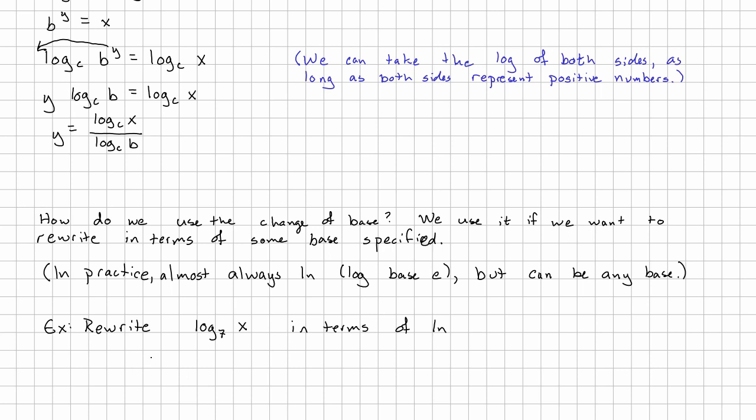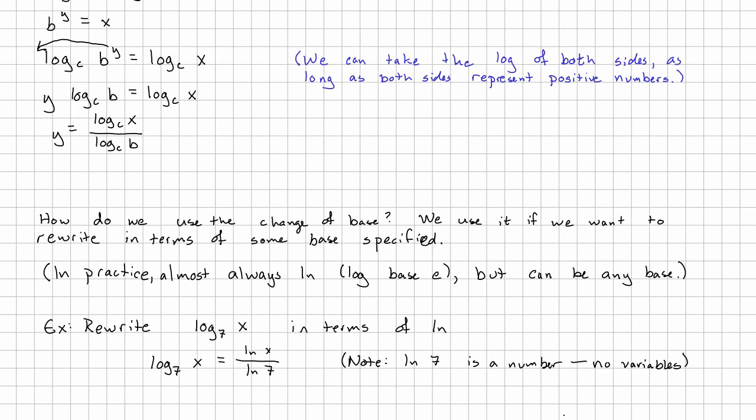Change of base formula says the log base 7 of x is the natural log of x over the natural log of 7. And notice, the natural log of 7 is just a number. There are no variables in it. The only variable when we use the change of base formula like this ends up in the numerator.